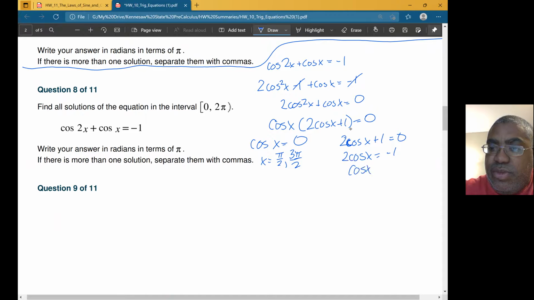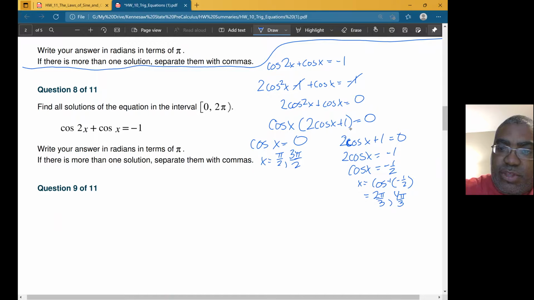Means cosine x is equal to -1/2. x is equal to arccosine of -1/2. So that is 2 pi over 3 and 4 pi over 3.